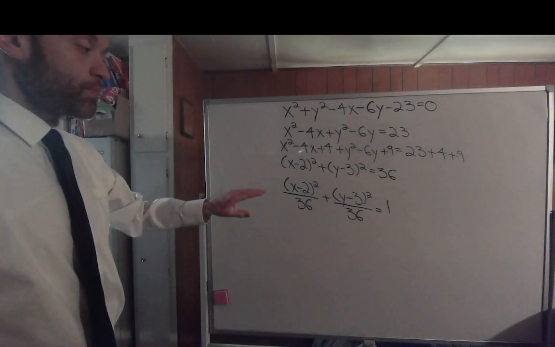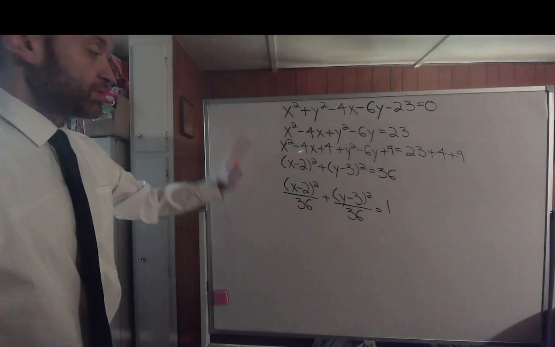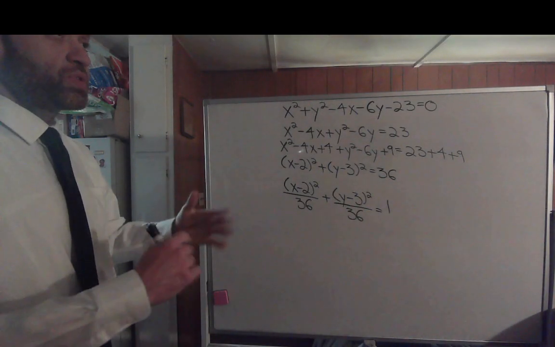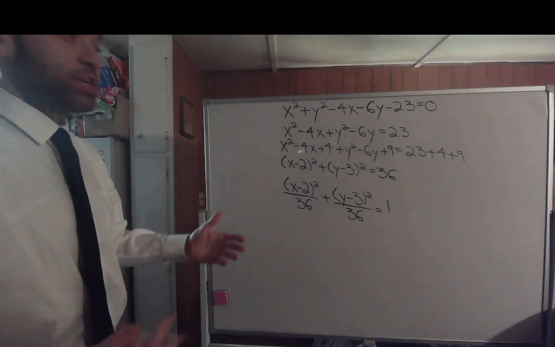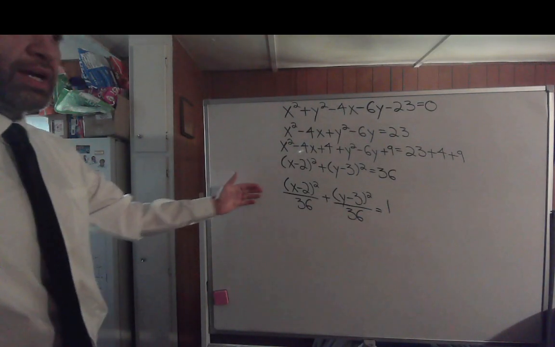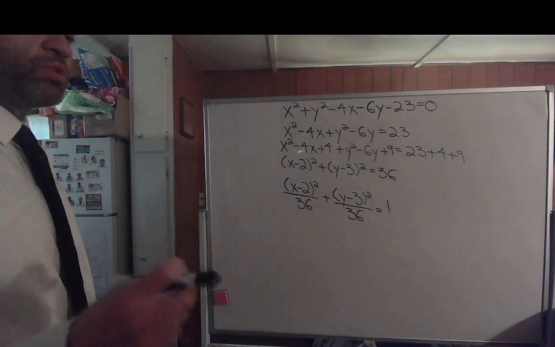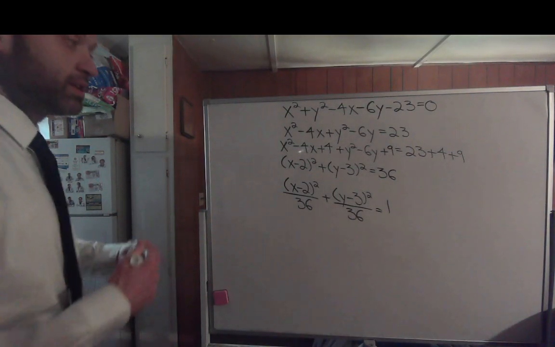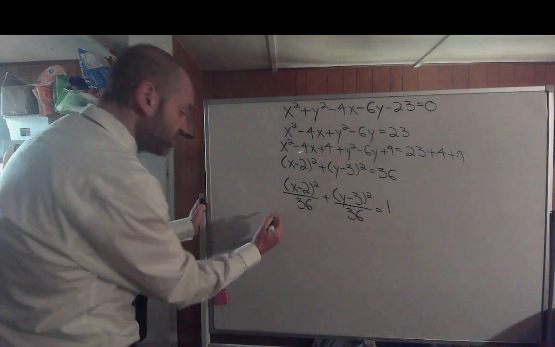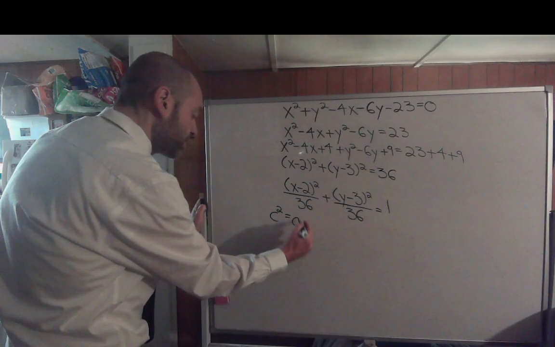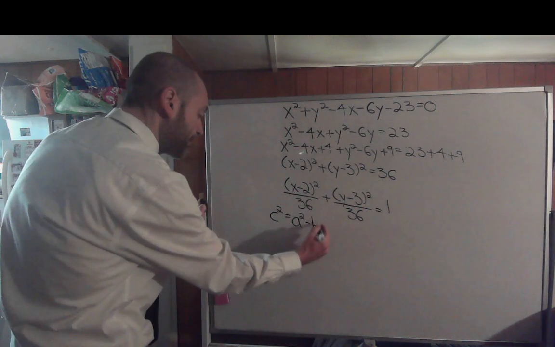Here's the thing. We can see that, again, in a circle, both the x and y axes are the major axis. They both have the same length. Having said that, how do we go about finding the focus of an ellipse? It's always going to be c squared equals a squared minus b squared.